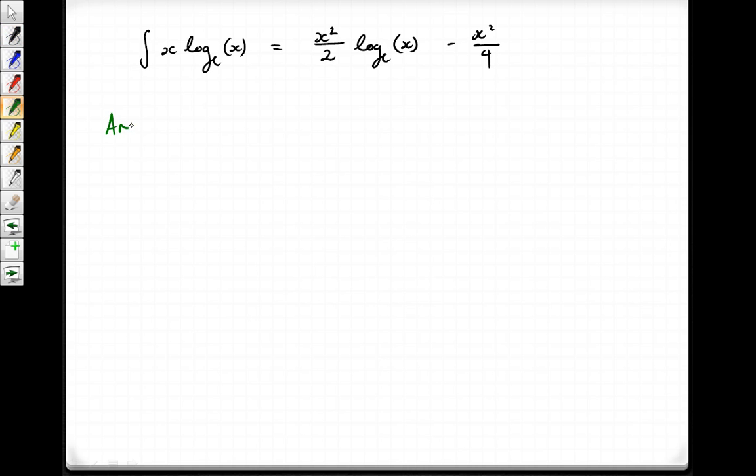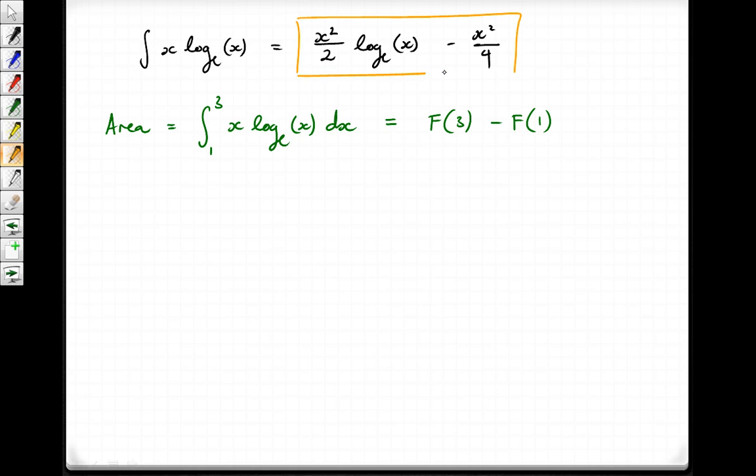The area is just equal to the integral between 1 and 3 of x log e of x dx, which is simply F of 3 minus F of 1, where we could call this section up here capital F of x.